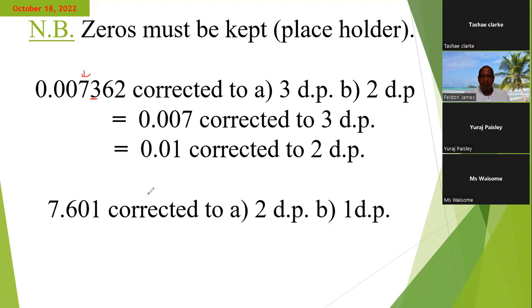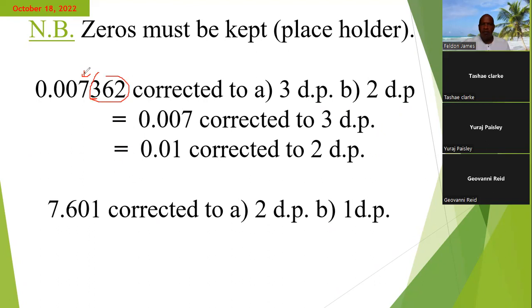Yes, sir. You have to drop out the 3? Yes. Once the numbers come after the position we're rounding off to in terms of decimal places, all the other numbers will be dropped off. If we add 1 to this, after we add 1, we're going to drop off the rest. You follow?